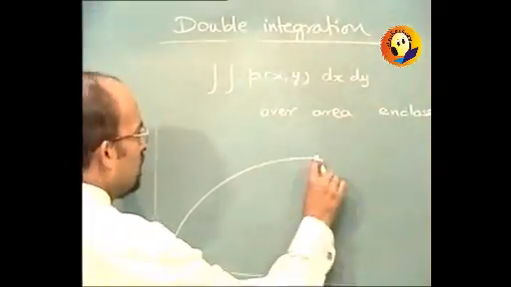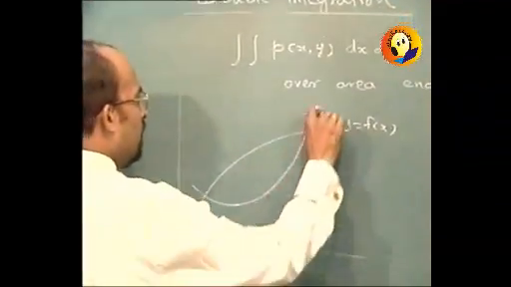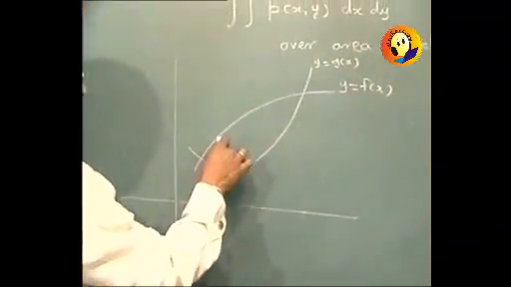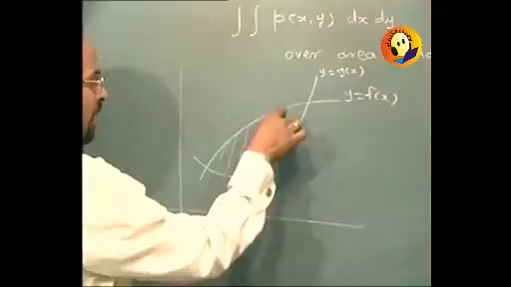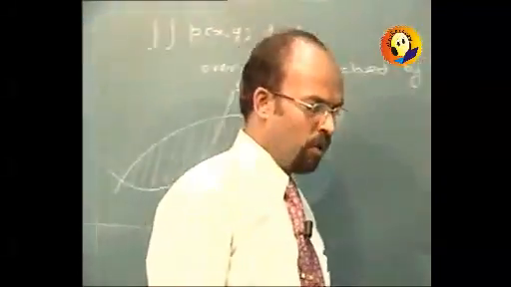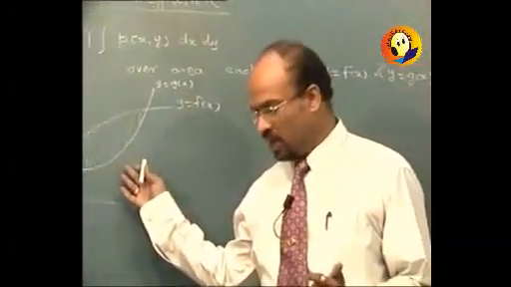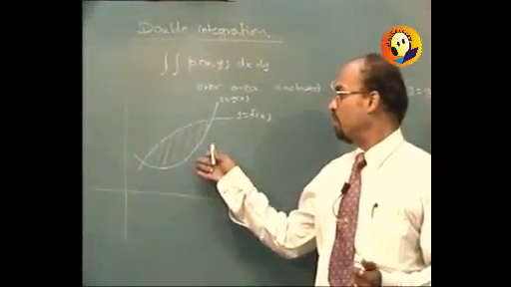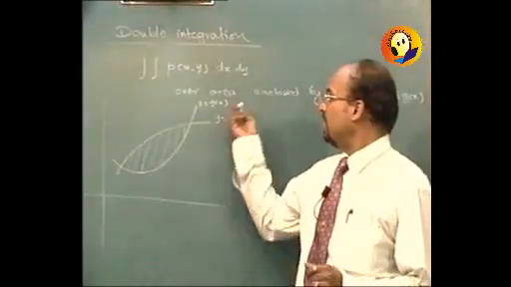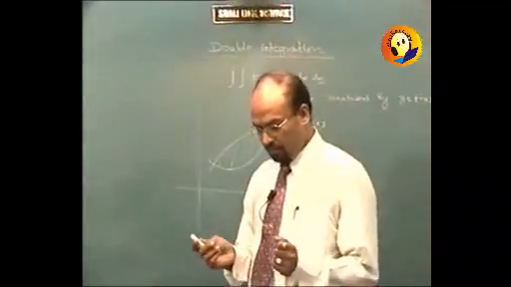We can have the curve y equal to f(x), and there can be a curve like y equal to g(x), and we want to integrate p of x comma y over this area. This is what the problem statement could be. Of course, this area will vary. There could be some straight lines coming into picture, some circular parts, parabola, hyperbola and whatnot. All those things will come into picture, but the area specification is necessary, otherwise you cannot evaluate the double integral.